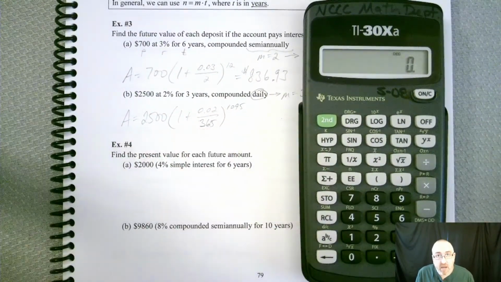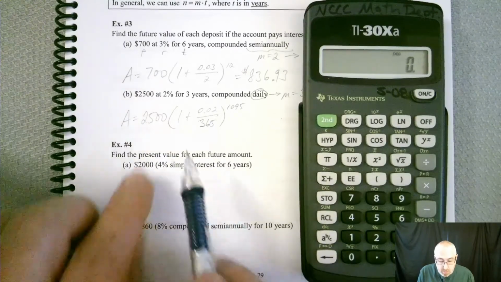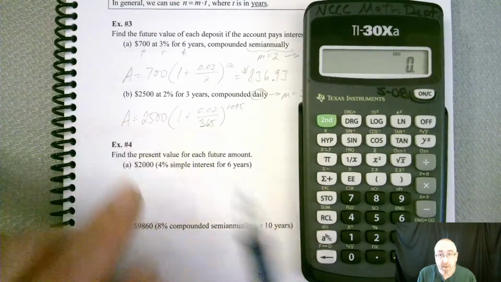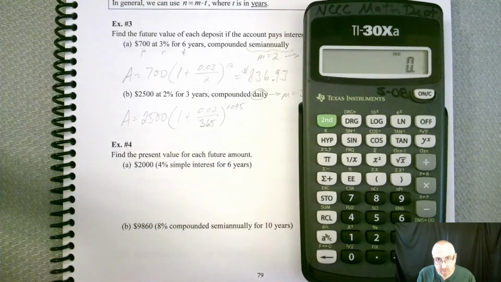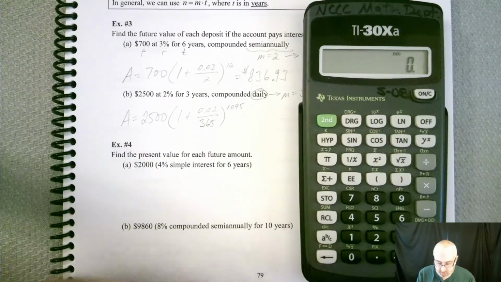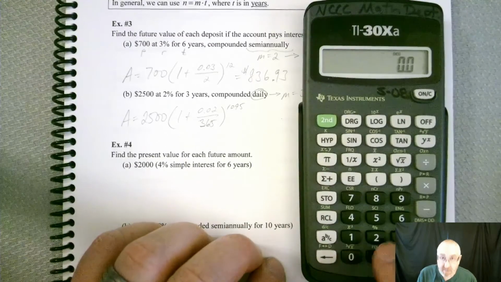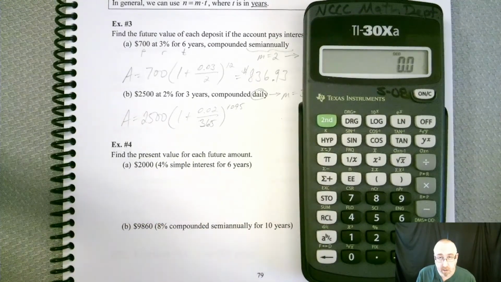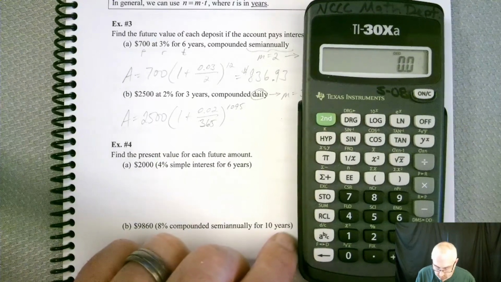Now, if you have a scientific calculator or a little bit fancier scientific calculator, a graphing calculator, you might be able to get away with just typing this whole thing in on one line. But this calculator is fairly simplistic, so you really should kind of work backwards or using the order of operations. And if you have a different scientific one that you would like to know how to do that, just send me an email and I can let you know.